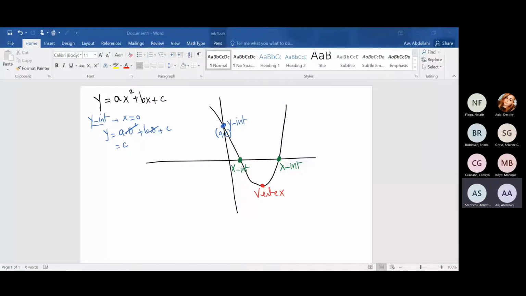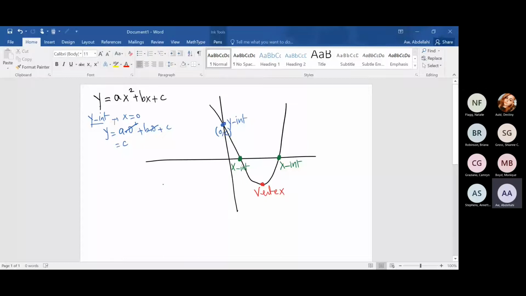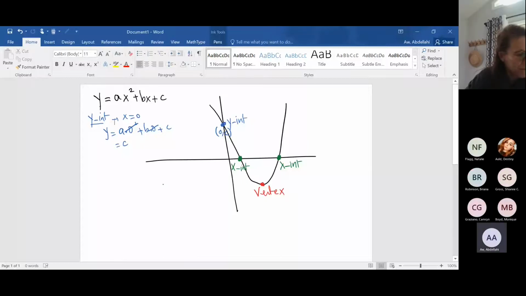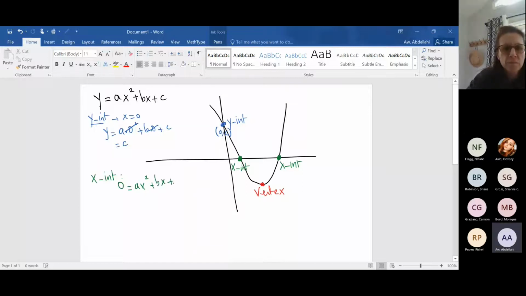The y is 0, right? For the x-intercepts, the y is 0. So if the y is 0, then you have 0 equals ax squared plus bx plus c, and we have to solve it, with any method that we want, to get the x-intercepts.